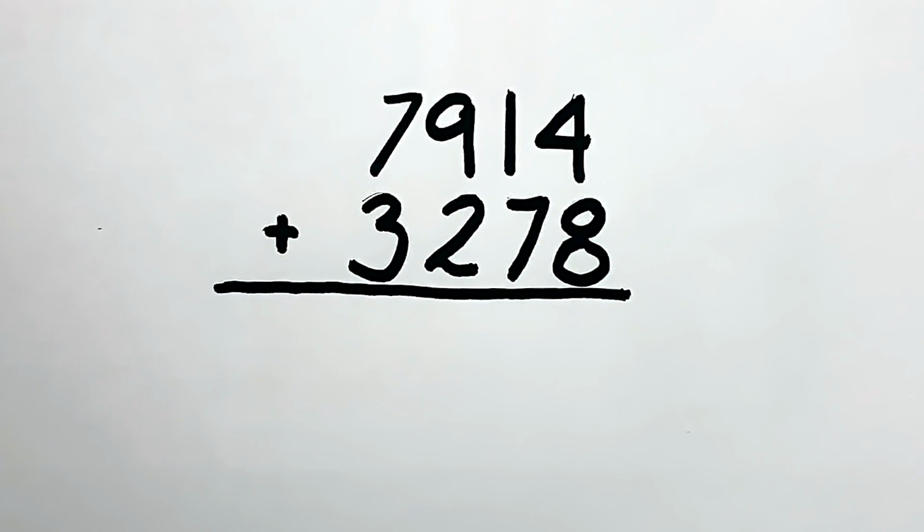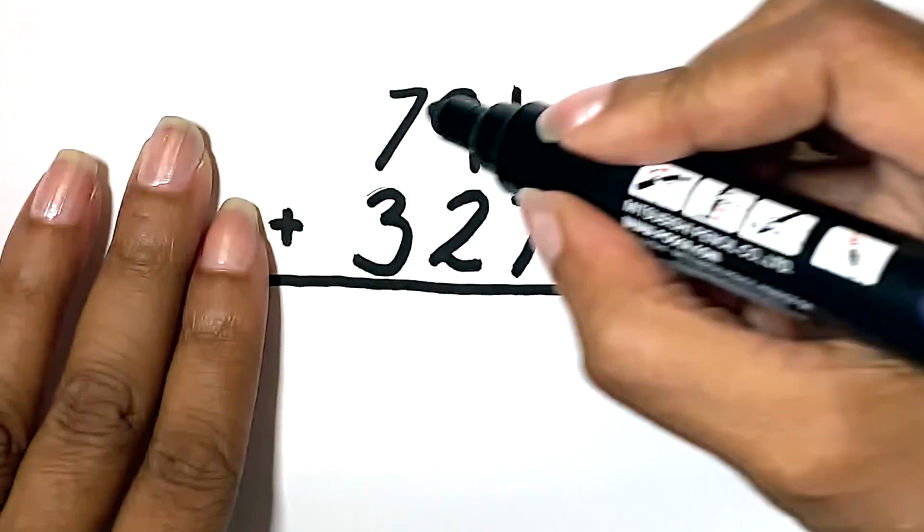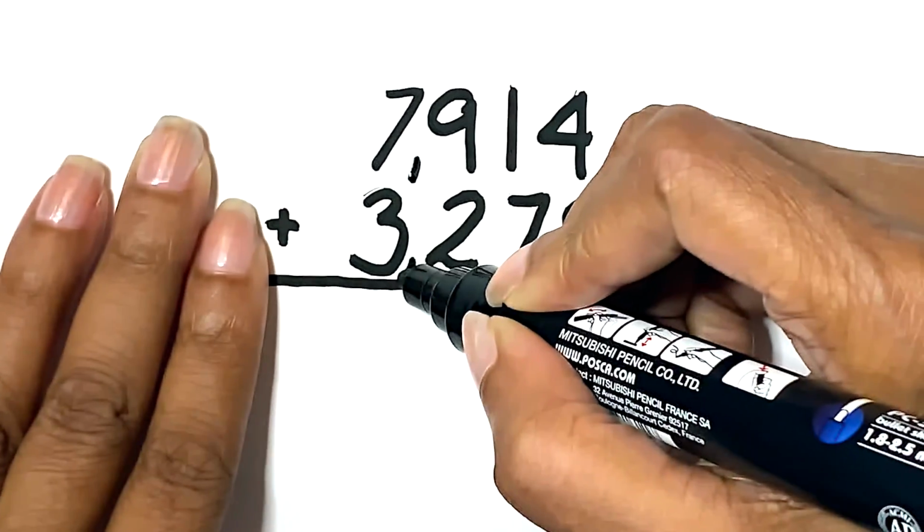So what we're dealing with right here, unlike the previous example that we just completed, this time you're going to be adding 4-digit numbers plus 4-digit numbers. And I forgot to add a comma here.